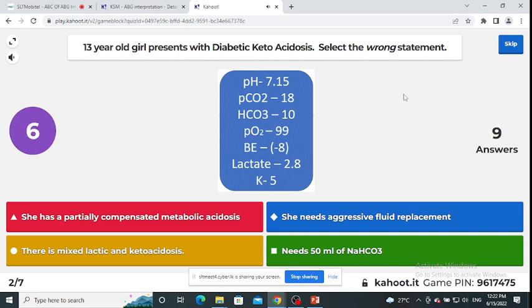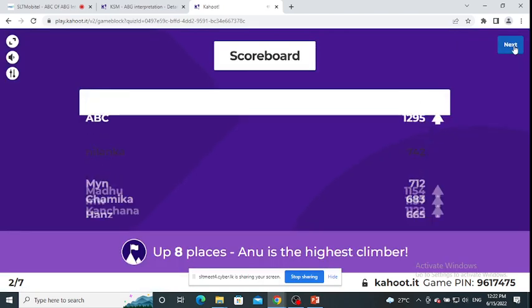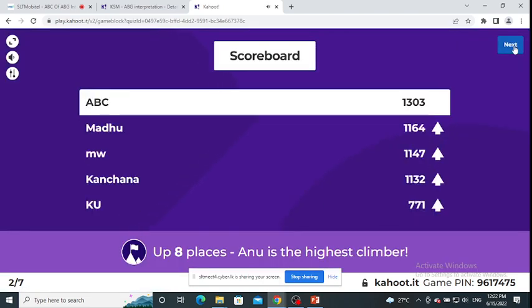You have only 4 seconds left. The wrong statement is that the patient needs bicarbonate. No, we are going to treat the patients with fluid and correcting the sugars, right? Still the majority have given the correct answer, so I'm still doing good. ABC is now leading.